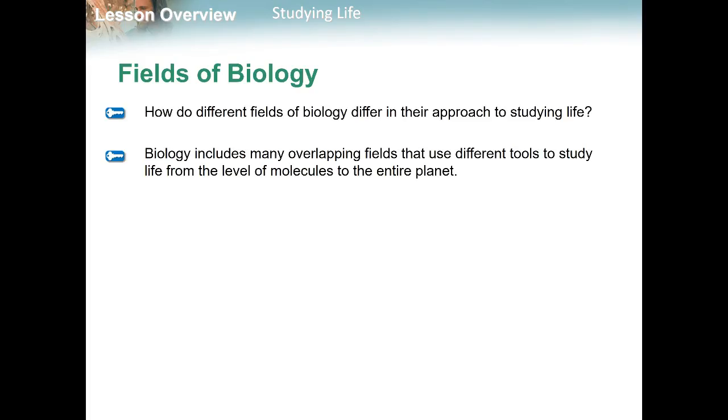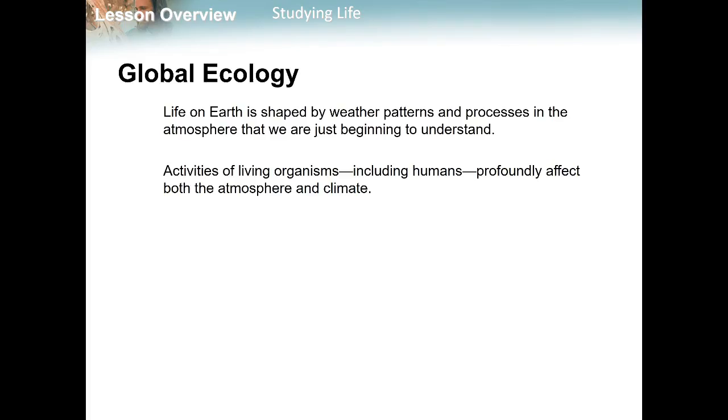There are different fields of biology that are out there to study, and we're going to just consider a few of them. Some of the fields may be overlapping, but they could use different tools to get different information so that they can understand the planet. So global ecology is one of these fields, and that is how life on Earth is shaped by weather patterns and processes in the atmosphere that we are just beginning really to understand, and we're seeing the impact of the change in those weather patterns.